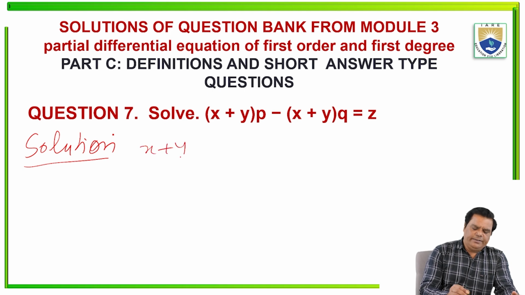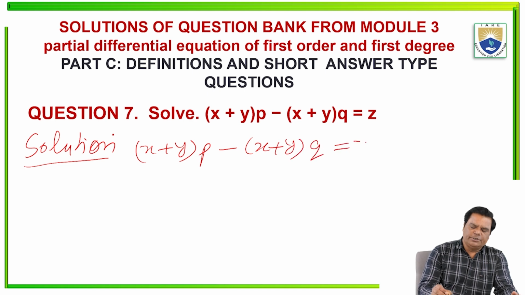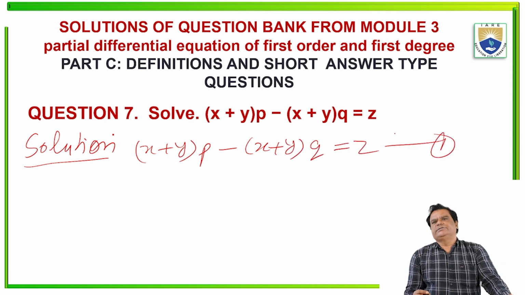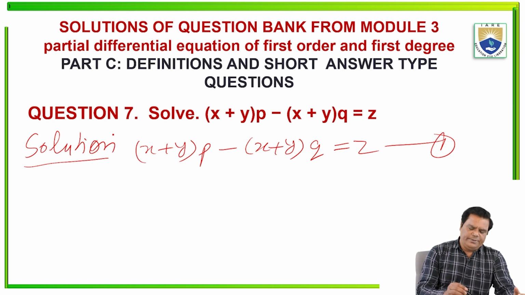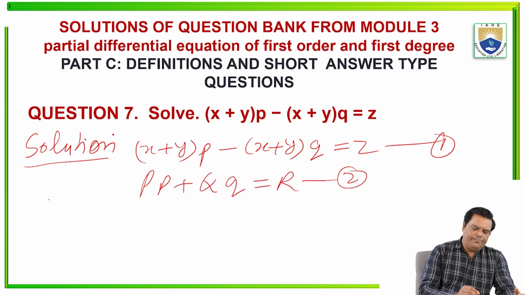x plus y into p minus x plus y into q is equal to z. This is equation 1. This is also a Lagrange differential equation of first order and first degree. So we write Pp plus Qq equal to R. This is equation 2.